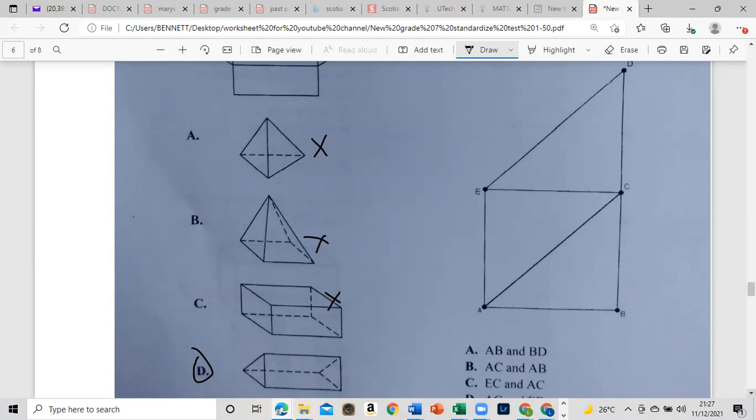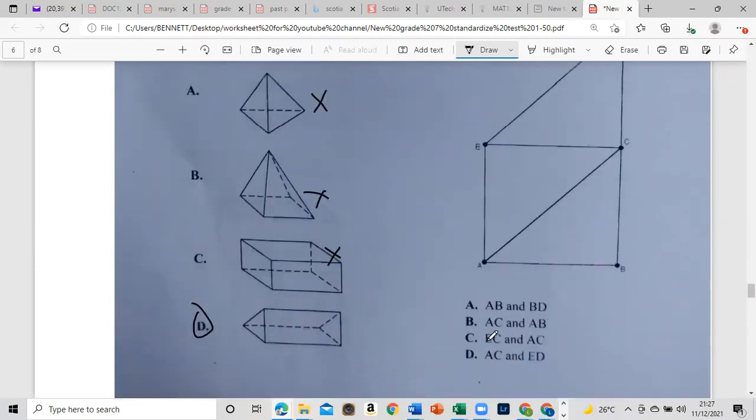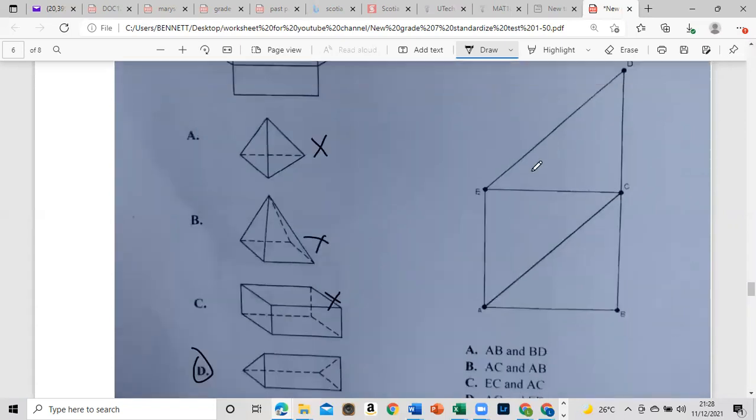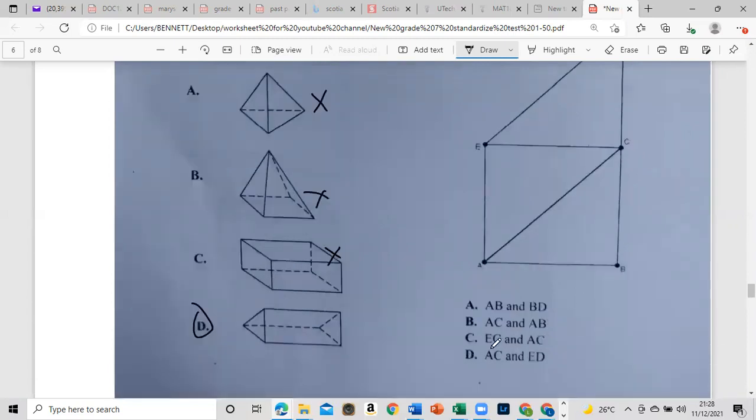So on to C now. EC and ED, no, that's ED and AC. So ED and AC, no, that's not parallel. So it must be the last one. But let us see if it's correct.